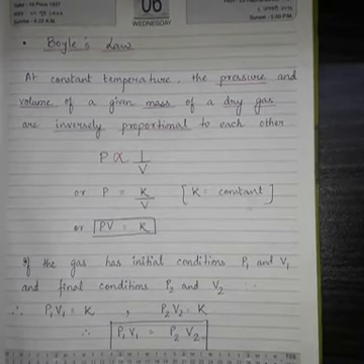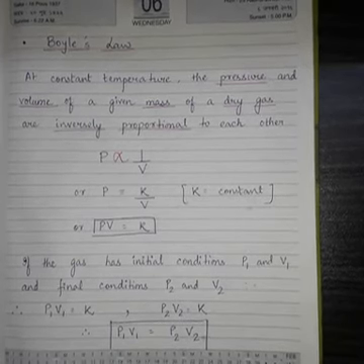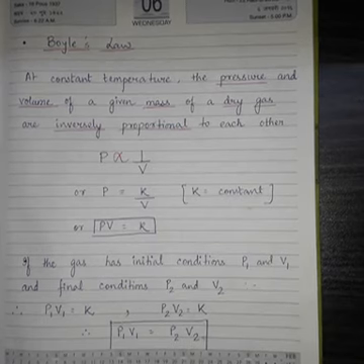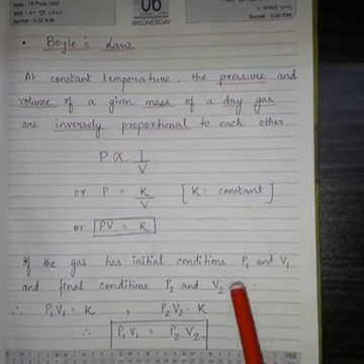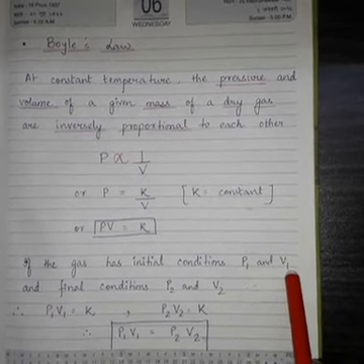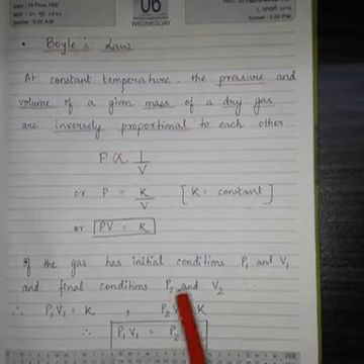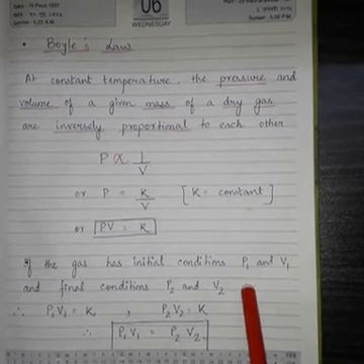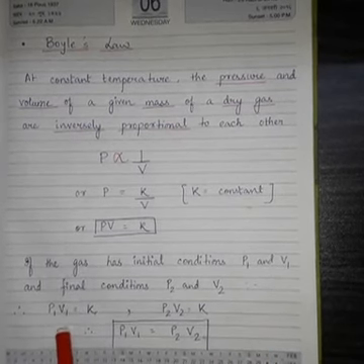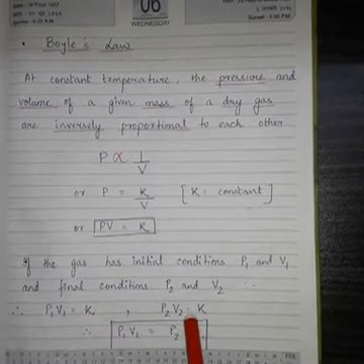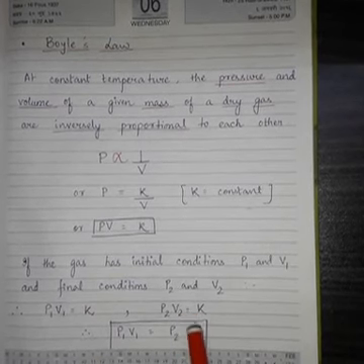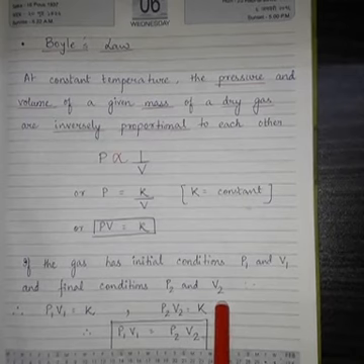My Boyle's law says that come what may, at constant temperature, my pressure and volume product will be constant. So if my initial condition is P1 and V1 and my final condition is P2 and V2 after a change, so P1 into V1 will be equal to K, which is my constant, and P2 into V2 will also be equal to K, which is again my constant.